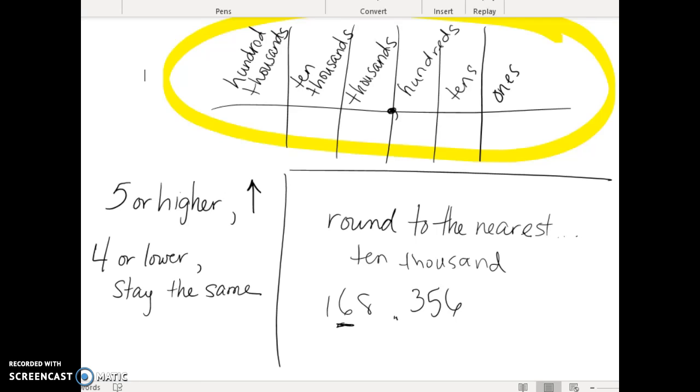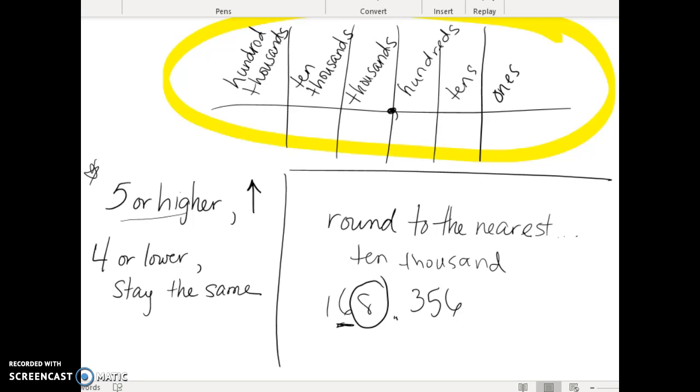And when I'm rounding, what helps me figure out what this rounds to is the digit to the right. So that would be the 8 here. And when I'm looking at the circled digit, I have to ask myself, is it 5 or higher, or is it 4 or lower? So in this case, because it's an 8, it's 5 or higher.